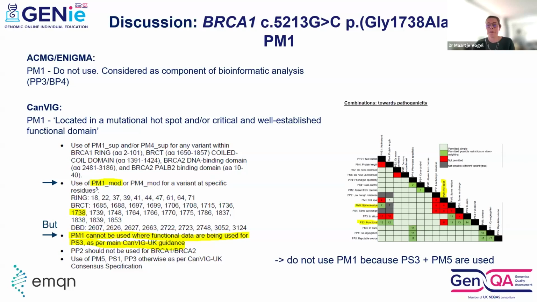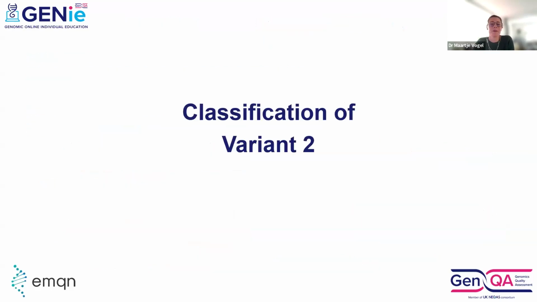You have these diagrams where they show you which codes you can or cannot combine. And there you can also see that PM1 together with PS3 is not allowed. And you can also see that PM1 should not be combined with PM5. And that's also a code that we apply for this variant. So therefore, PM1 is not applicable here. Next slide, please.